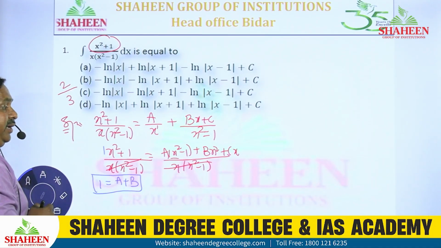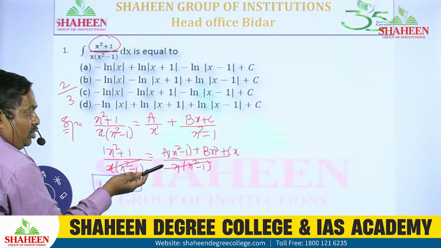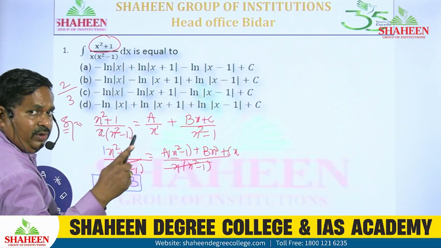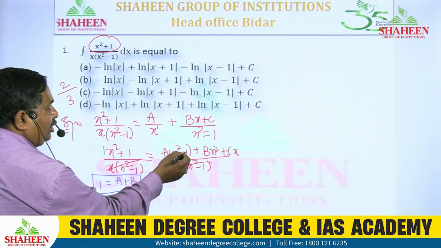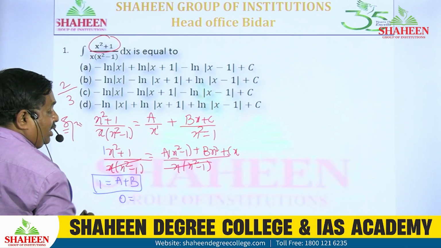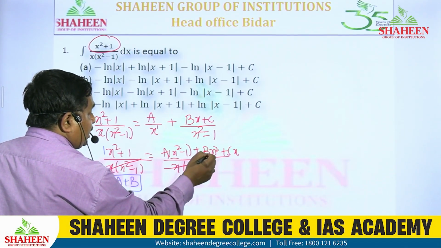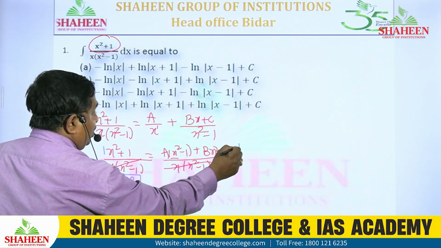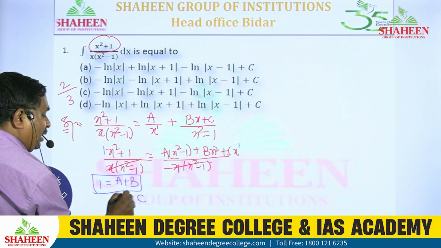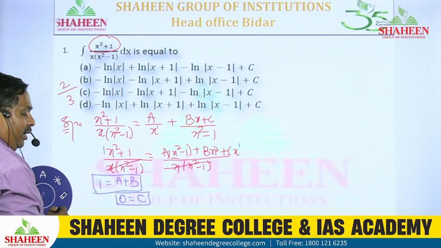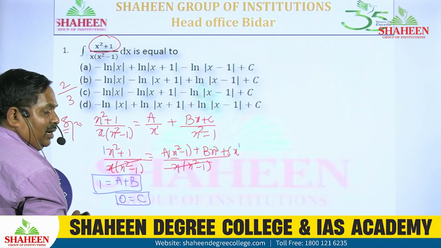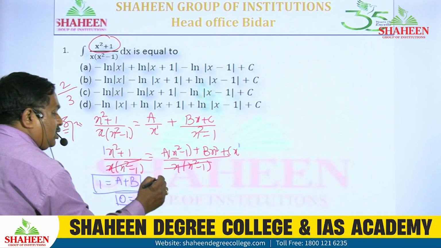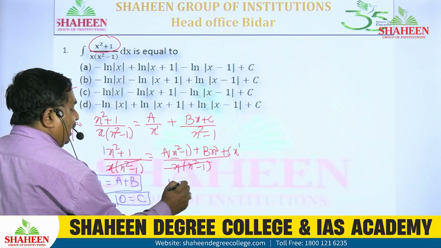Comparing the coefficient of x, in the LHS we don't have an x power 1 term, so it becomes 0, and on the right there is only c, so the c value becomes 0. What is the c value? c is 0.